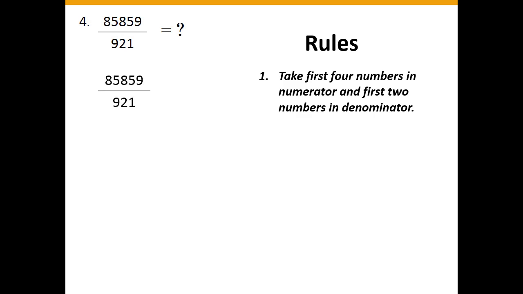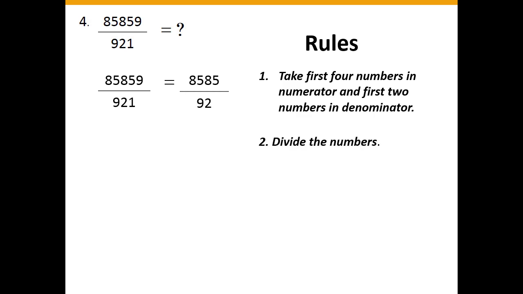So 85,859 by 921 equals, first take 4 numbers in the numerator and first 2 numbers in the denominator. So 8,585 divided by 92. See the next rule. Divide the numbers.